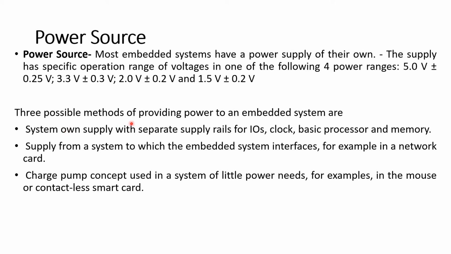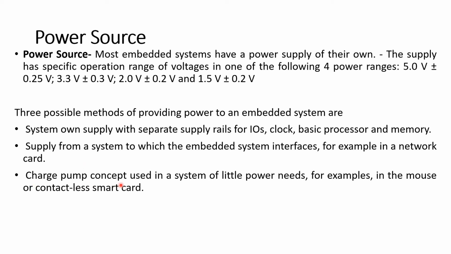There are three possible methods of providing power to an embedded system. Either each system has its own power supply, or you can draw the power from a larger system, as in the case of a network interface card, or it can use the charge pump concept.